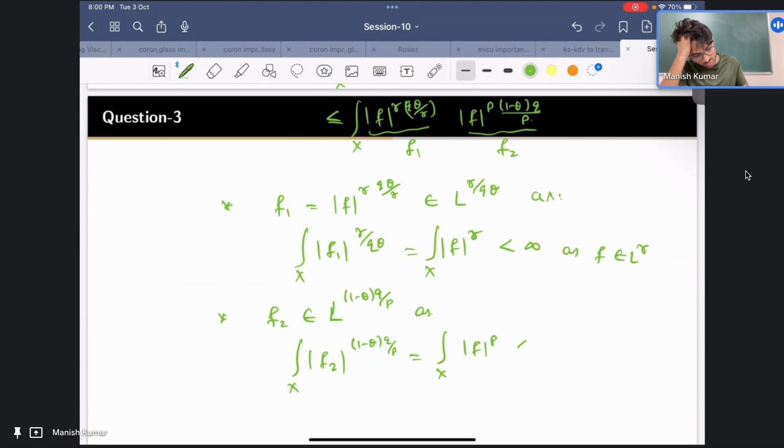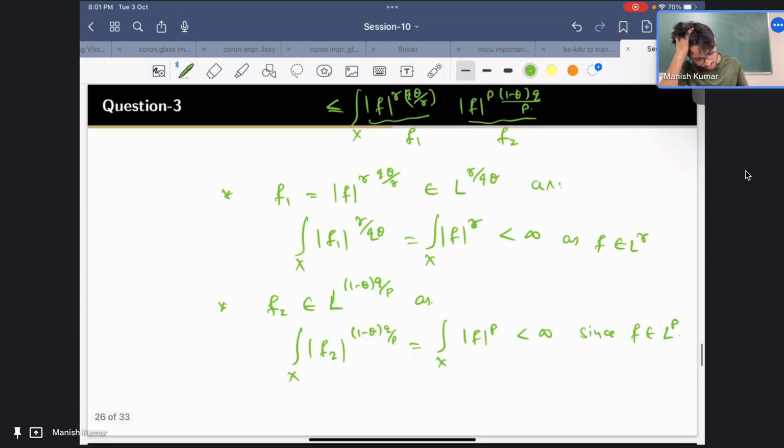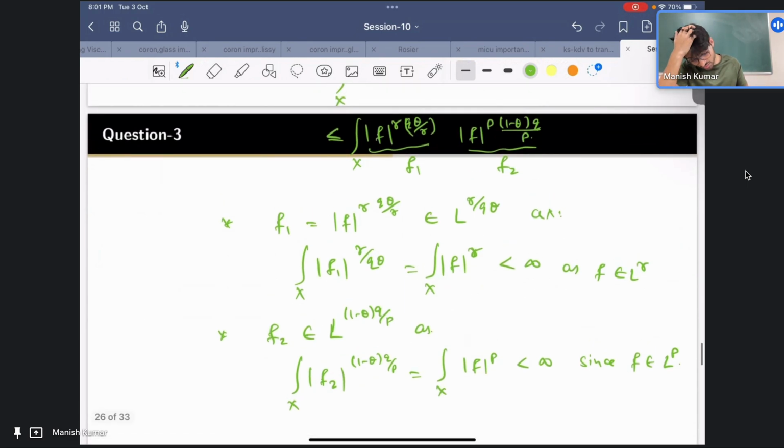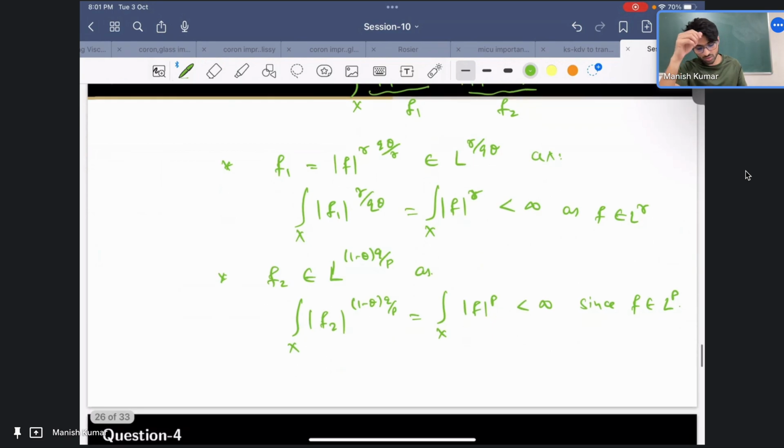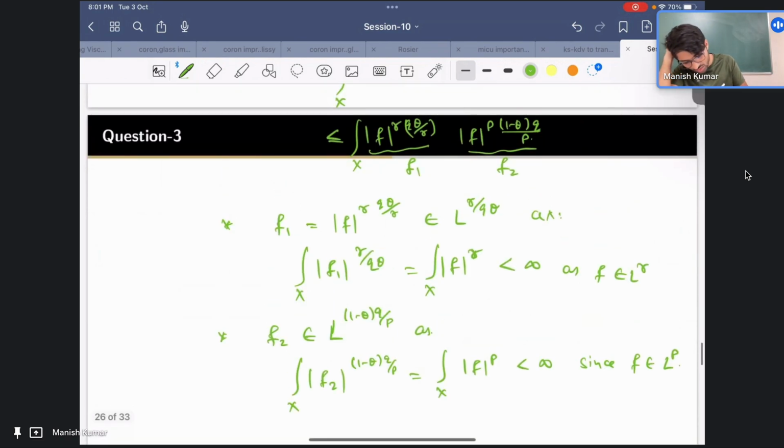This is also finite, since f belongs to L^p. So you know that these two quantities are finite. So f1 is in L^(r by q theta), and f2 is in L^(p by (1 minus theta) q). Now try to recall Holder's inequality.